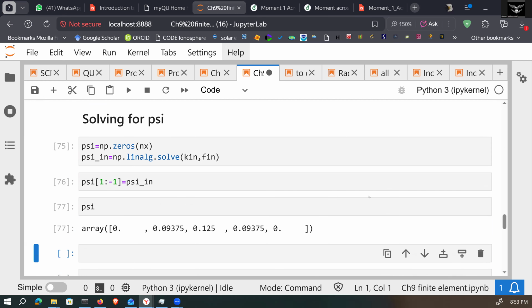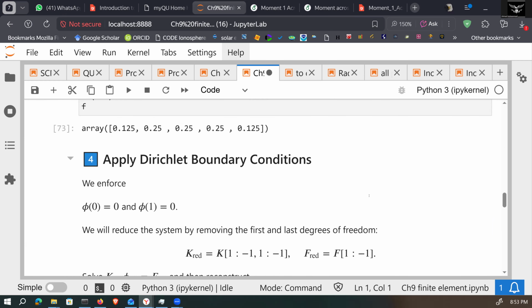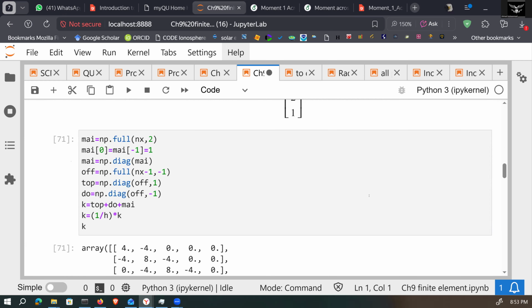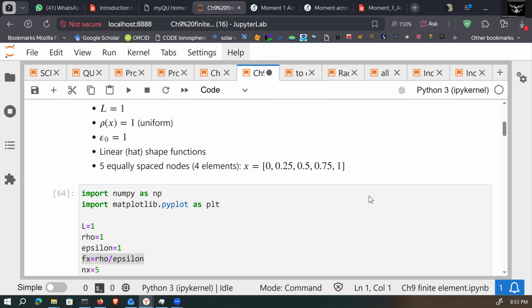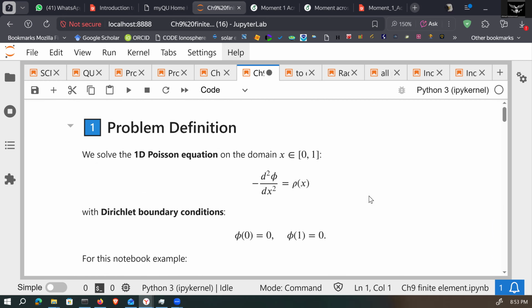Now, the analytical solution, let's see if I wrote the analytical solution here.